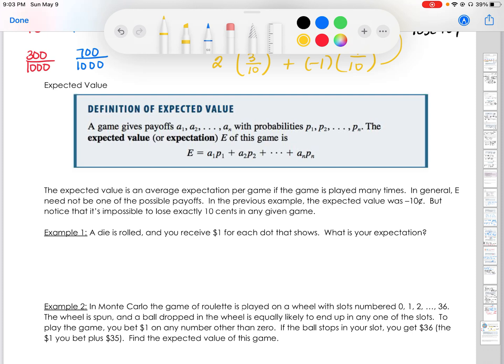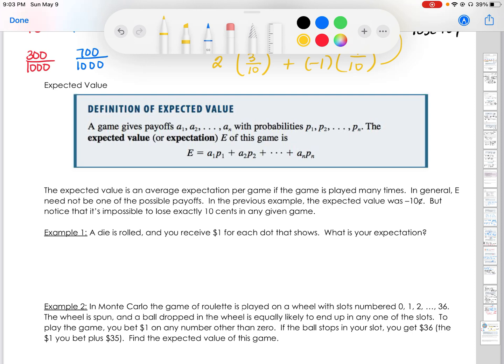Negative 10 cents was not part of the expectation, right? Adding 2, subtracting 1. It's just kind of in general what would happen. So notice that it's obviously impossible to only lose 10 cents in this game. That's not how it works. But they're saying over time what would happen if we play this a bunch of times. Kind of what should we expect on average each time to occur.